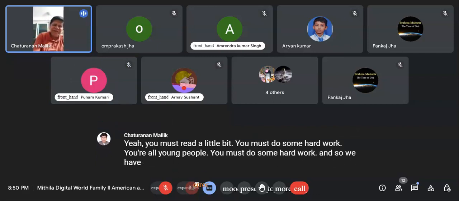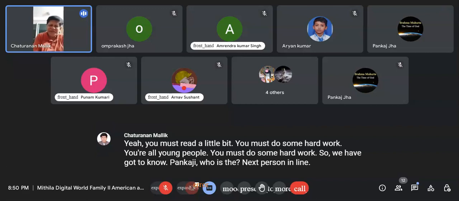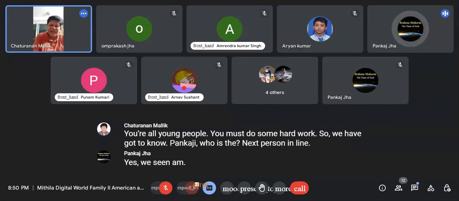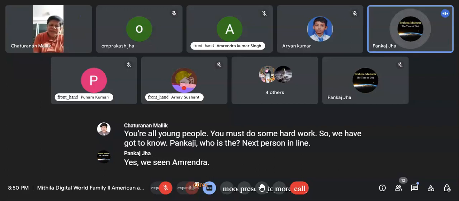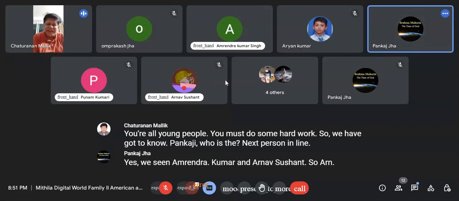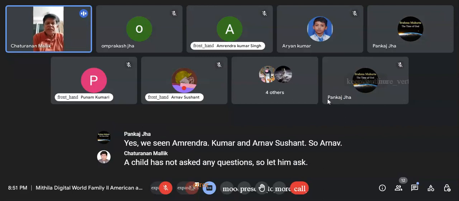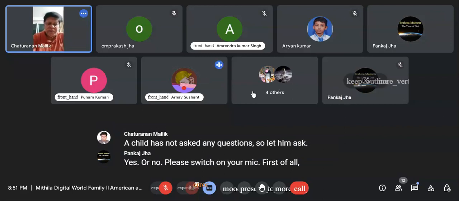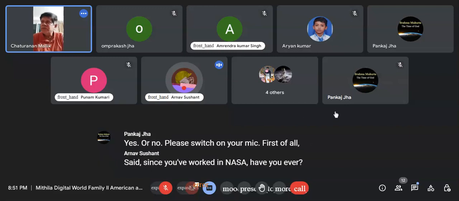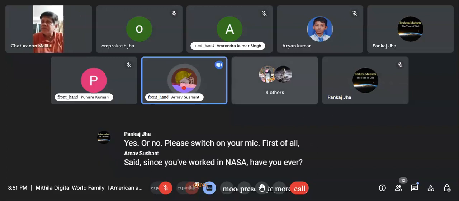Actually, we now have Pankaj, who is the next person in line. Yes, we see Amrinder Kumar and Arnav Susan. Arnav has not asked any questions, so let him ask. Yes, Arnav, please switch on your mic first of all. Sir, since you worked in NASA, have you ever tried to know about the species other than us?